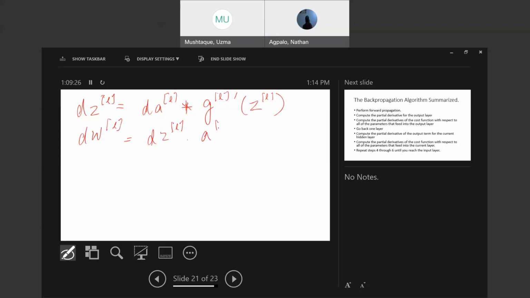Okay, a lot of confusion. And then dB. This is easy. This is just dZ of L. And then finally we have dA of L minus 1 equals W L transposed times dZ L. Going in and checking whether this is correct or not would be a good exercise to do.